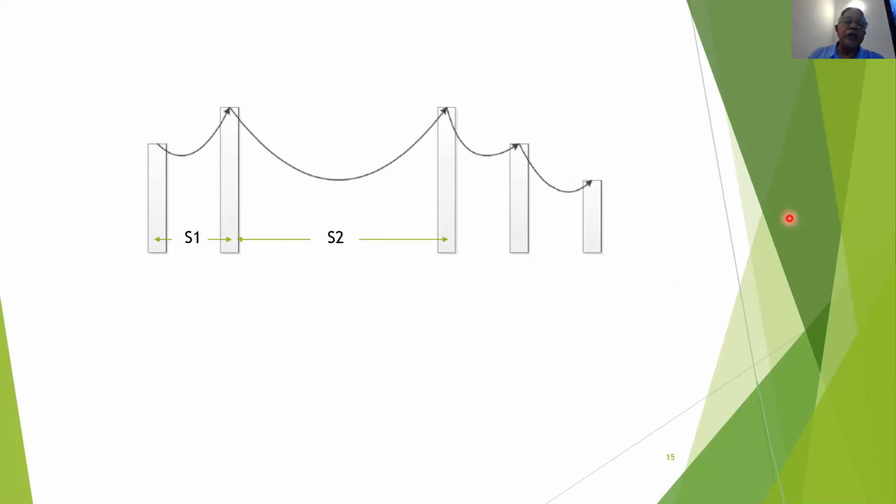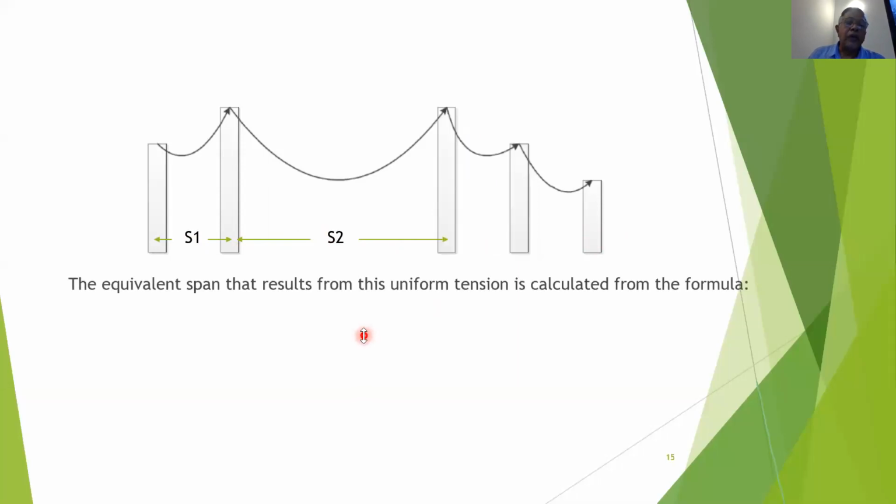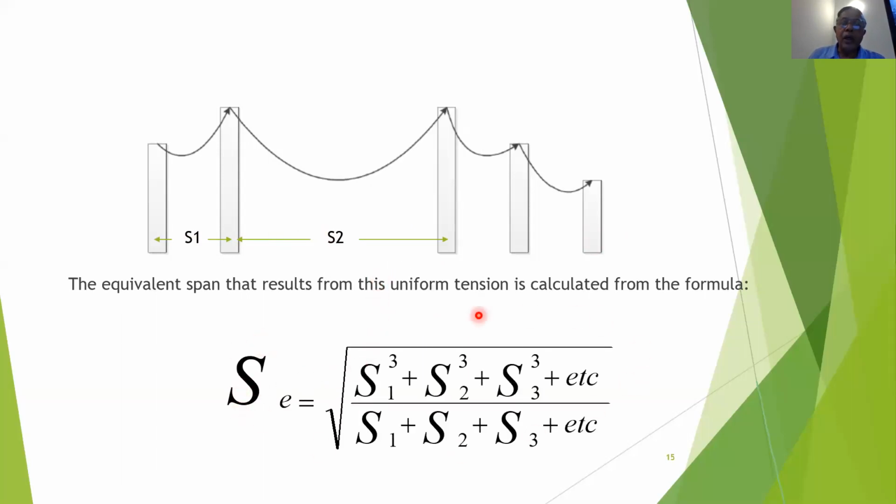From one tension point to the other tension point, you get the lengths of spans, and then the equivalent span you can derive by this equation: S1 cubed plus S2 cubed plus S3 cubed, etc., divided by S1 plus S2 plus S3, etc., square root of that is called the equivalent span.